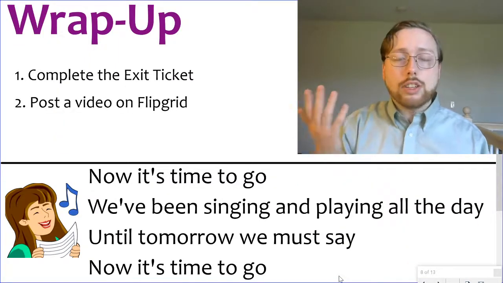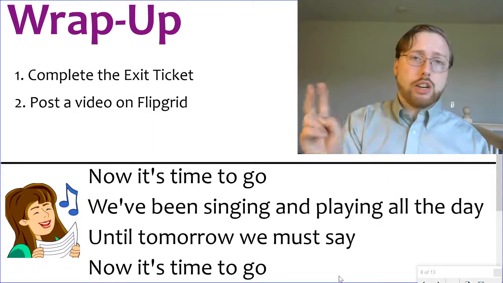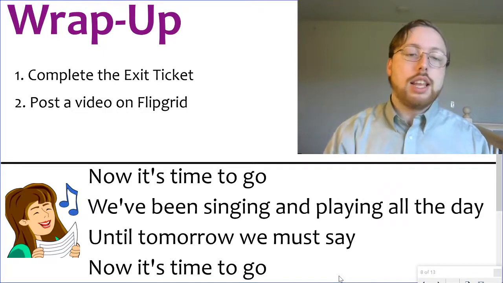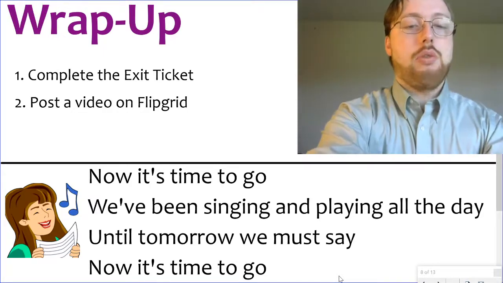As always, you got 2 pieces of work: our exit ticket and your video on Flipgrid. Let's go now to the assignment page so I can show you the exit tickets. And I'm going to make myself appear in the corner.